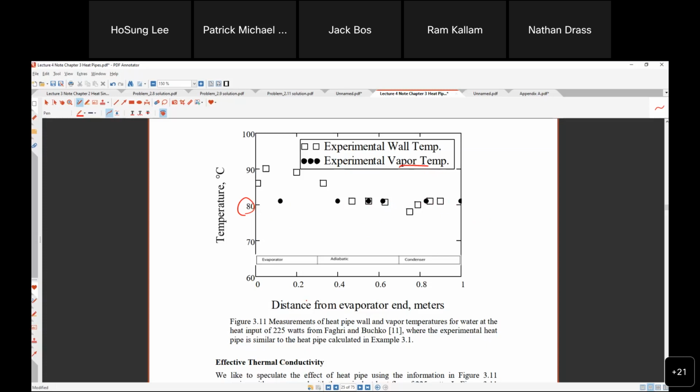This is the distance. This is the evaporator, and this is the condenser. So the vapor pressure drop is almost the same. And the wall temperature is about 10 degrees higher because of the heater wall, and it's a little lower in the condenser.